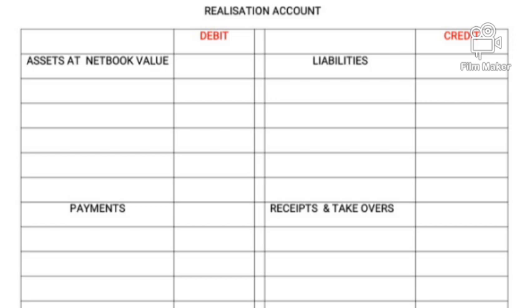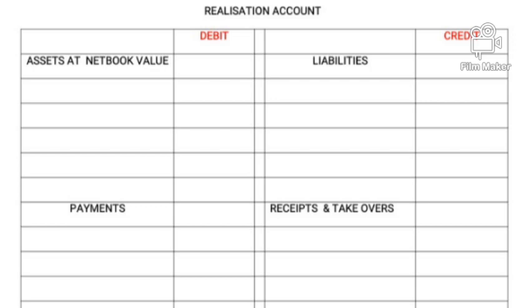The realization account is very simple, right? We can split it or demarcate it into 4 headings. So on your debit side, you have assets at net book value, where net book value represents the assets at balance sheet values or balance sheet figures. Then we have payments below the assets at net book value.